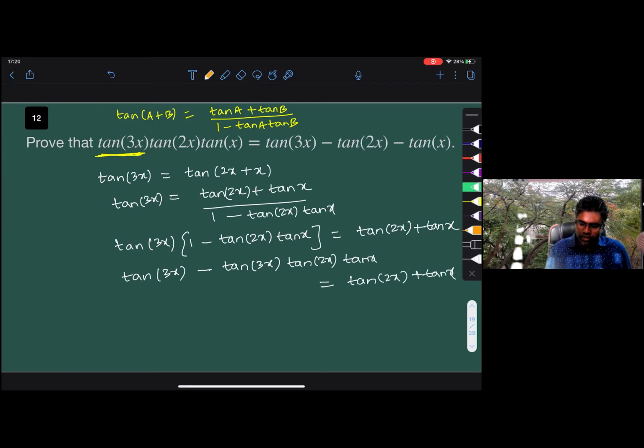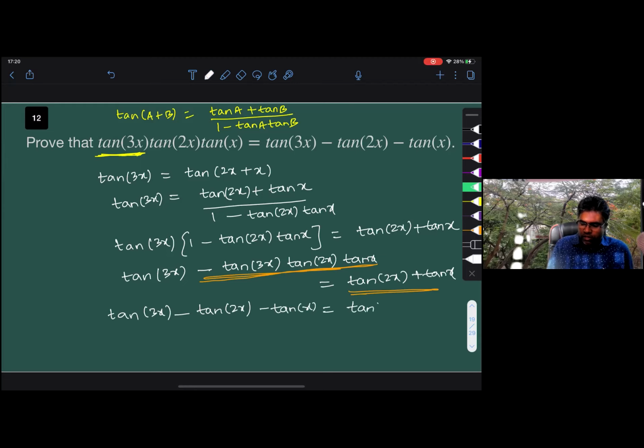So now what you can do is take this to the right hand side and bring this to the left hand side. So you will have tan of 3x minus tan of 2x minus tan of x is equal to the product of these, tan 3x into tan 2x into tan x. Again, I think this is also a cool result.